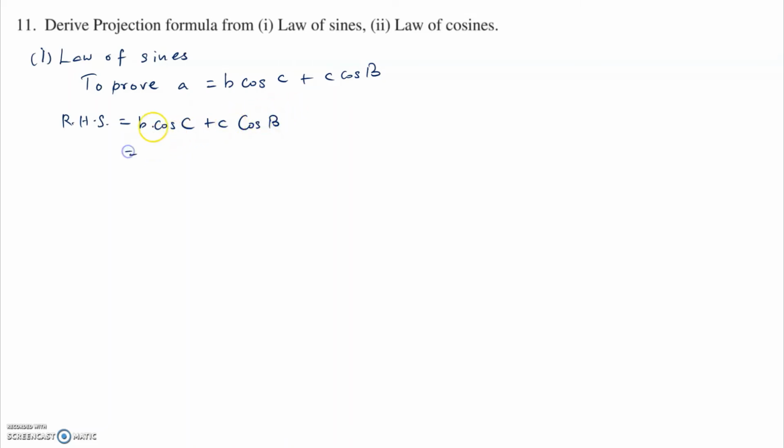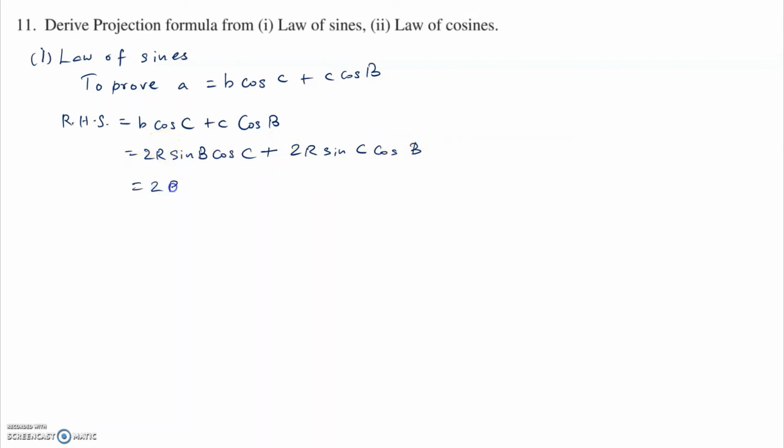So we are being asked to use the law of sines. So according to the law of sines, B can be written as 2R sine B, and we retain the cos C, plus C can be replaced with 2R sine C, and cos B, let's retain it as it is.